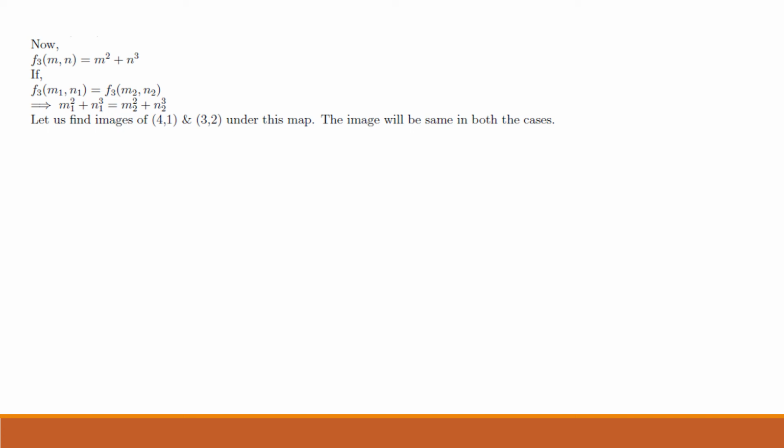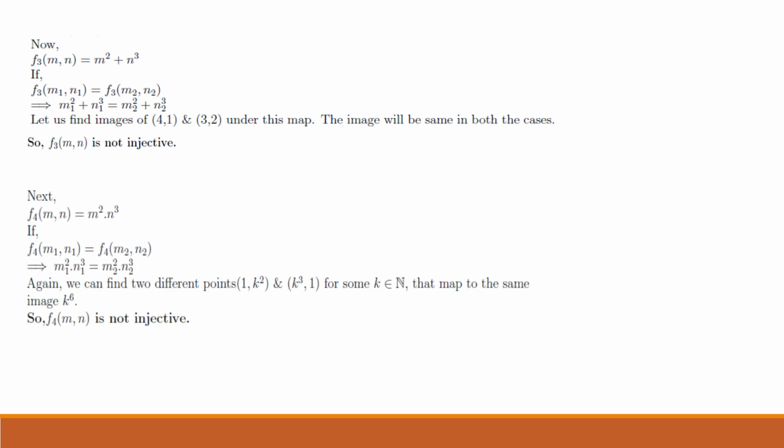If you put these 2 points in the original function f3(m, n), that will give you the same image, that is 17. 4 square plus 1 cube is 17, and 3 square plus 2 cube is also 17. So the function f3(m, n) is not injective.